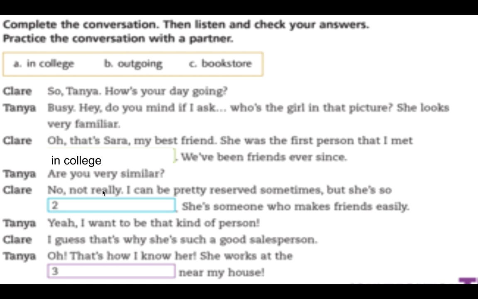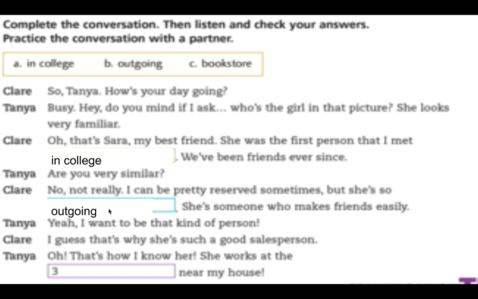No, not really. I can be pretty reserved sometimes, but she's so outgoing. She's someone who makes friends easily. So, are you very similar? No. I can be pretty reserved, but she's outgoing.